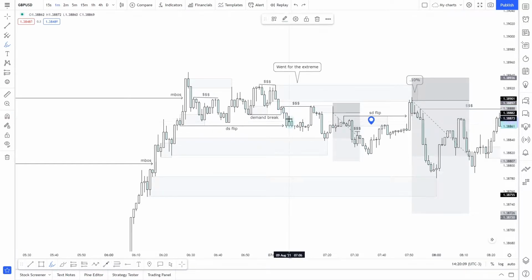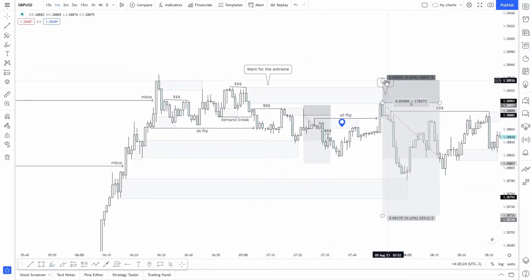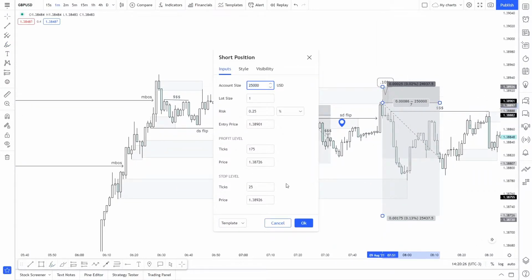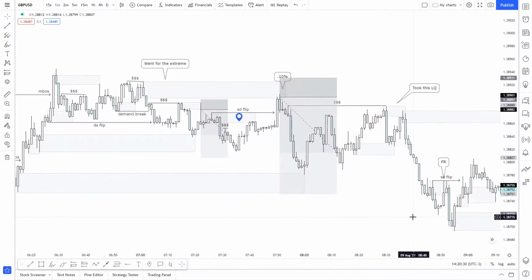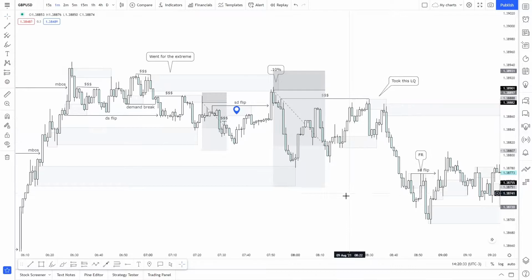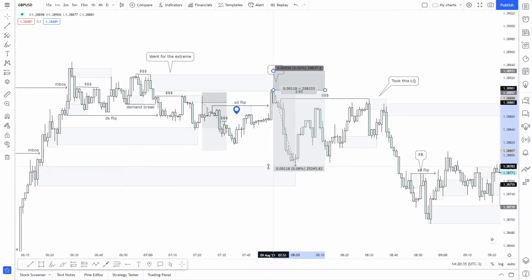Basically this pause happens after we actually flipped, right? But as we had that, and basically even then we created liquidity, I just decided to go for the extreme, right? At some point I had deleted the trade, which is why I ended up market executing it with a 3.5 pips stop loss. If it would have been 30 pips stop loss, which is what it should have been, it would have been a little bit easier for me to target, as I basically would have gone to this area, right?